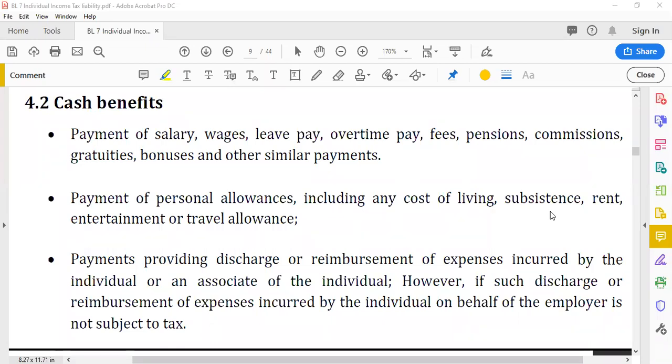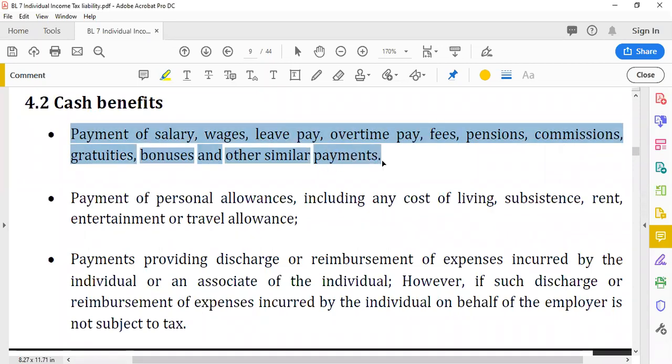And other similar payments. If there are any other payments, all of that should be considered as benefits. When you look at these, are all of these cash benefits or non-cash?